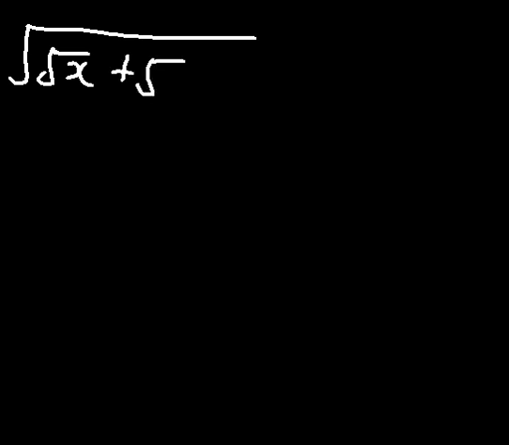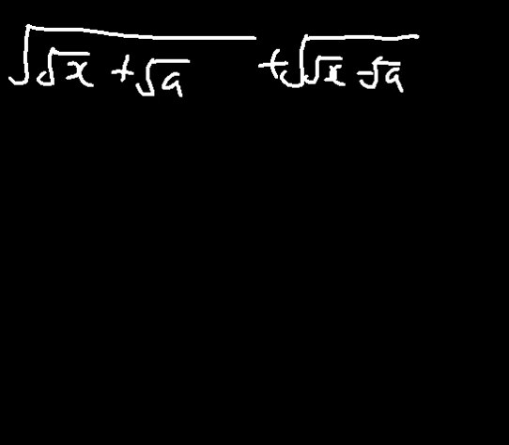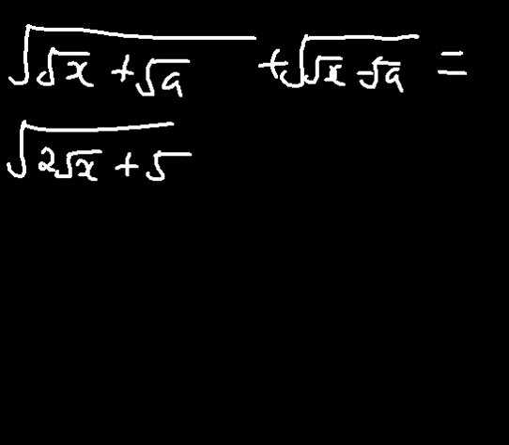Let's say we have the square root of a squared x squared plus a squared, plus the square root of x squared minus a squared, which is equal to the square root of 2 times x squared, plus the square root of 2 times b squared. Now solve for x in that way.